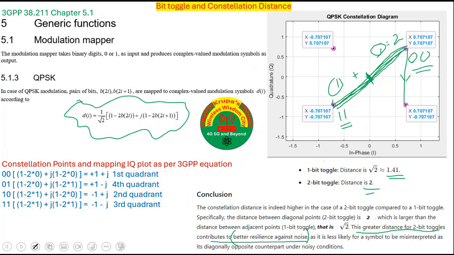And that is how it is protecting: 2-bit toggling does not happen so easily, unlike 1-bit toggling. Okay, so this is the critical point which I wanted to discuss in today's session. I hope you enjoyed the critique of the 3GPP decision of choosing such constellation points and equations.